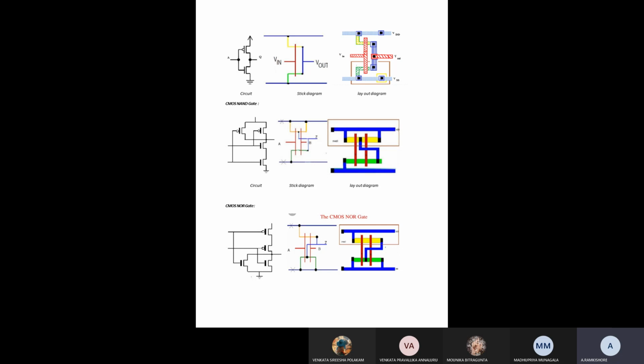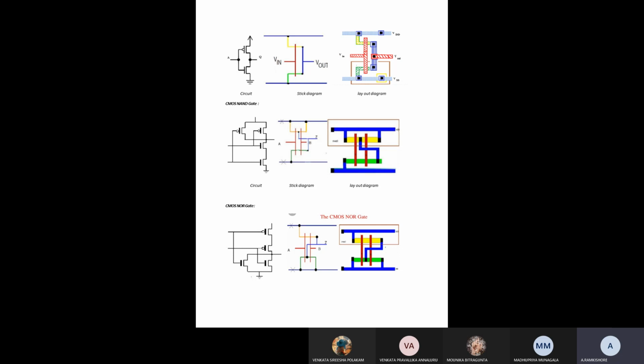Whenever we have a p-type and an n-type MOS transistor connected in a series manner, with a common input given to those two transistors, that works like an inverter. So that fulfills a simple inverter functionality.